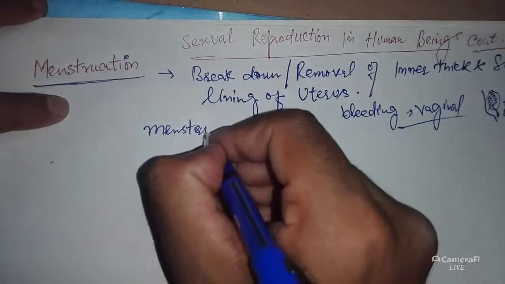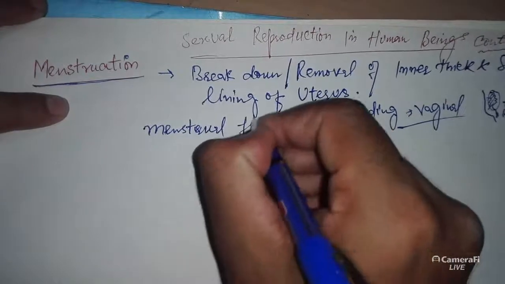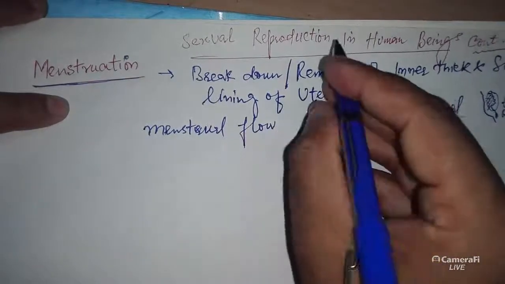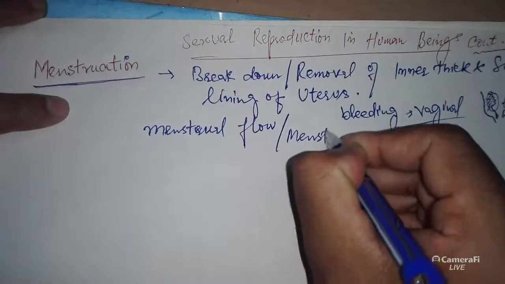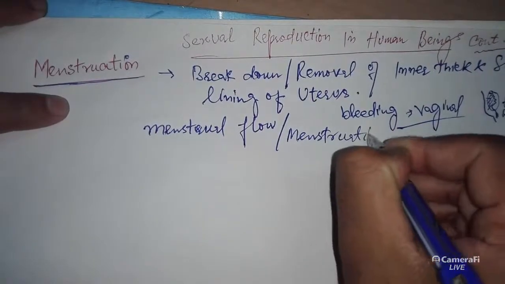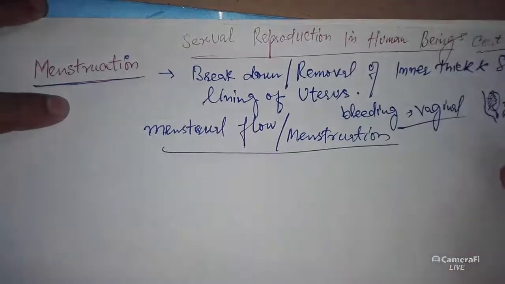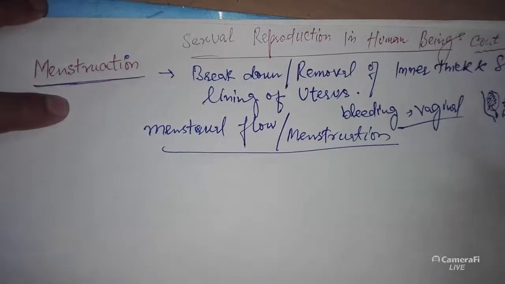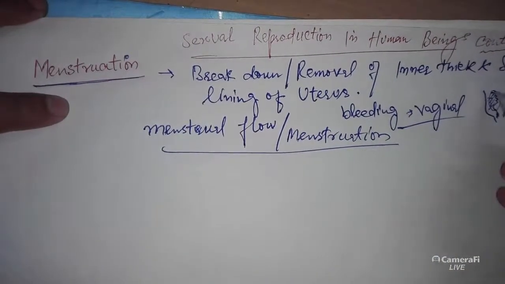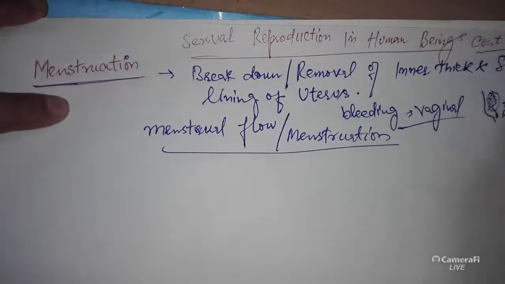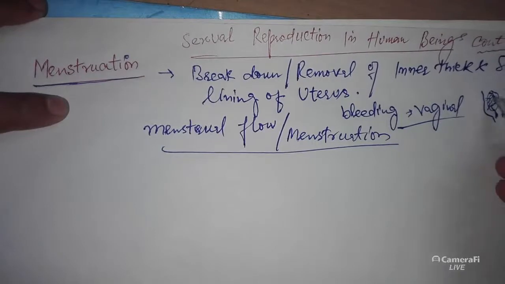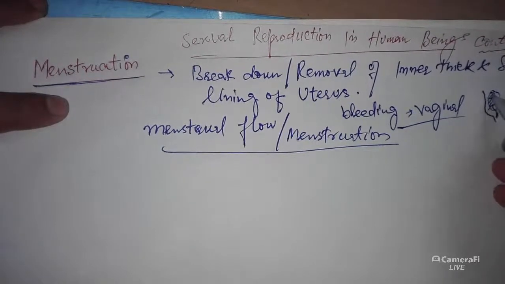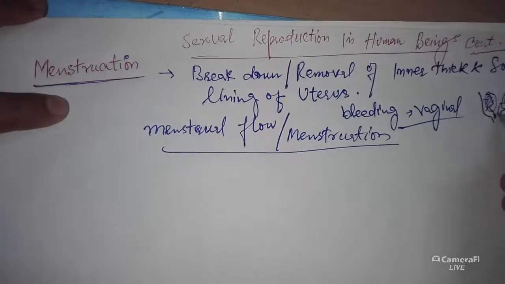Menstrual flow or menstruation. In menstruation, the inner thick wall of the uterus breaks down and is removed, along with all the blood vessels present there, and they start flowing down.